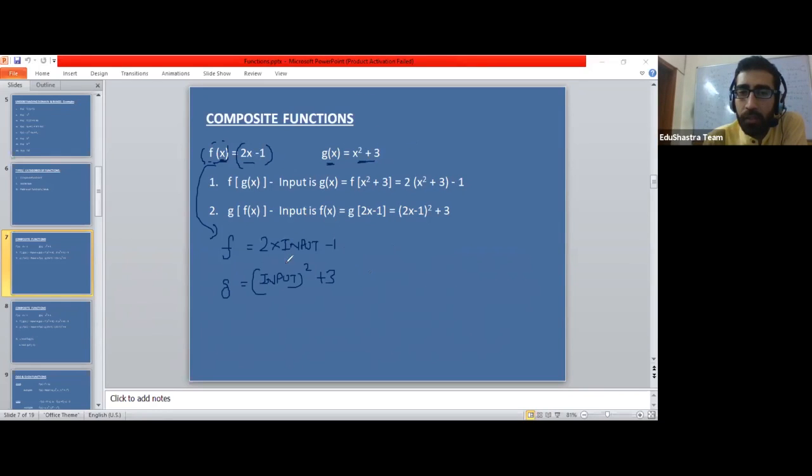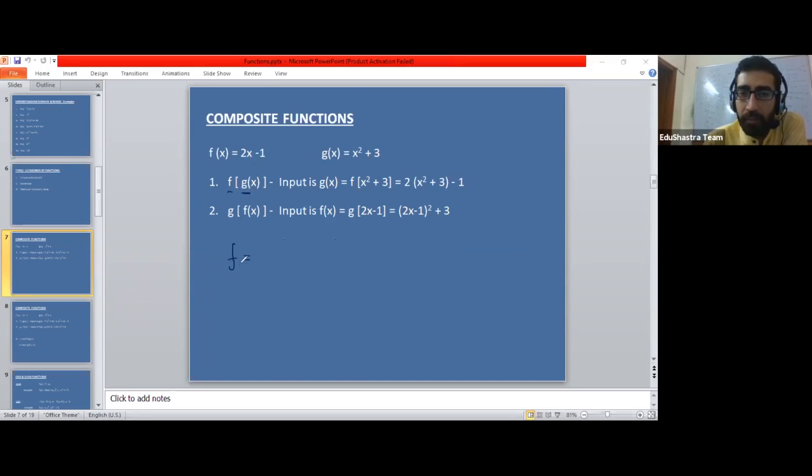So we have been talking about inputs. This is what f and g represent. If you input x here, you will get 2x minus 1. If you input something else, you will get twice of that minus 1. For example, f of g(x) simply means that the input is g(x).